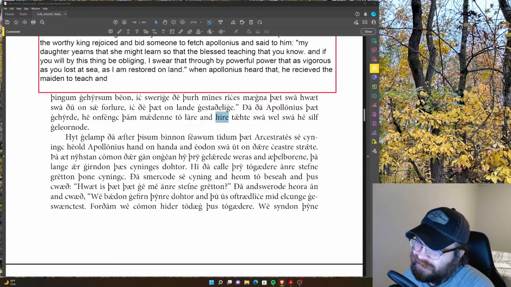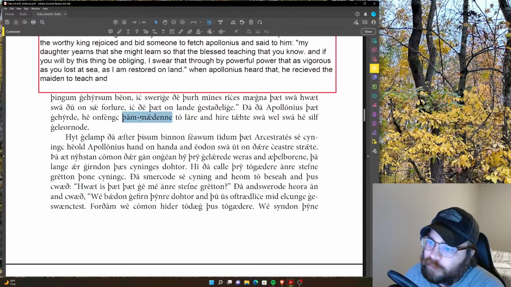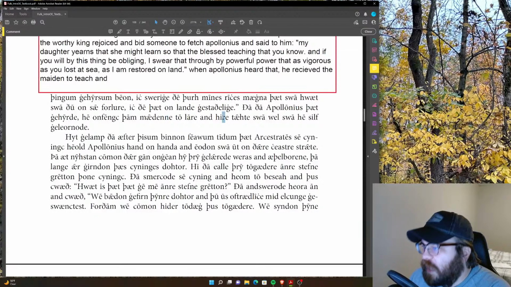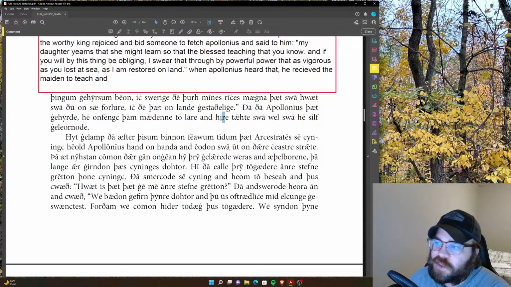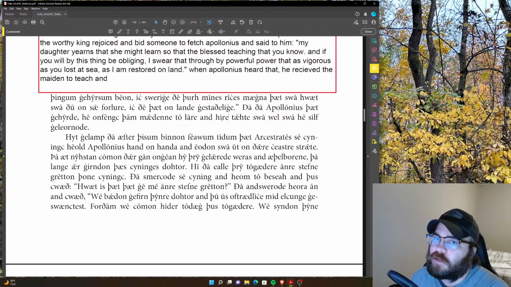So this form is either plural or singular. This is almost definitely singular. The more common way would be to drop this N. That's the most common way of spelling it. Since I'm an idiot, Hia, H-I-E, is they. Hira, H-I-R-E, is feminine genitive singular.